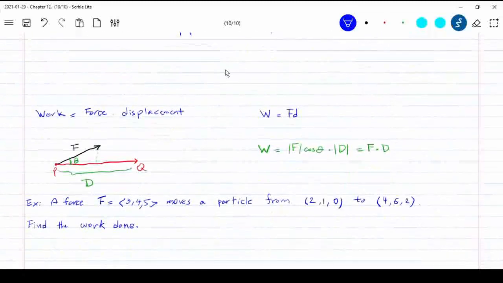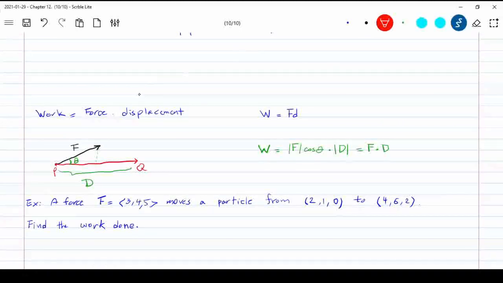Okay, and some of the application of the projection is in physics. You've dealt with work, which is force times displacement. In Calc 1, there was some part that had this work and displacement. The only thing that we noticed is that at that time, we assumed that everything was in the same direction.